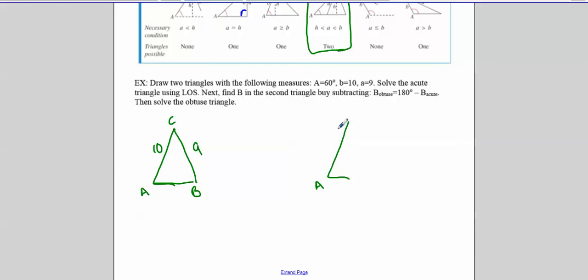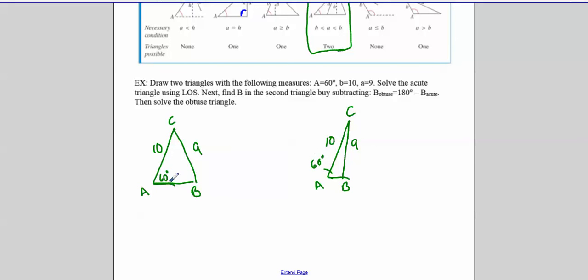So there's my A again, and here's my C, and here's my 10. And this one, we're not sure how long it is, but this time the 9 comes in like this, forming an obtuse angle from angle B right here. Okay, and we have 60 degrees here, and this one's also 60 degrees.